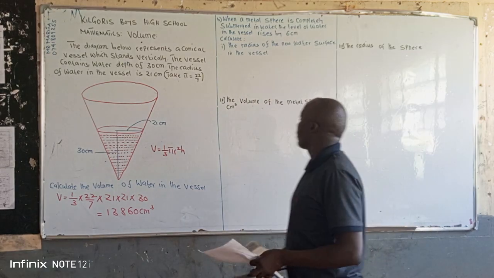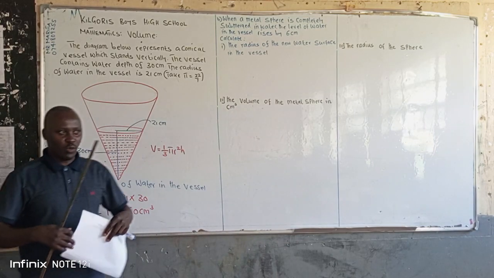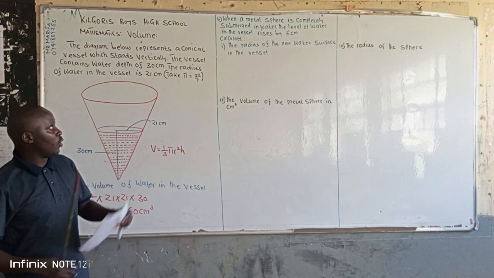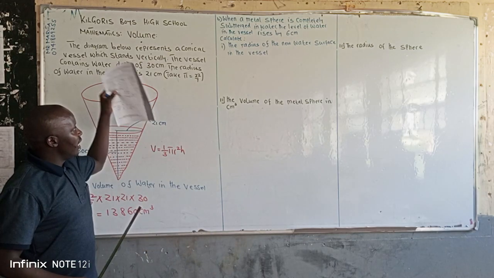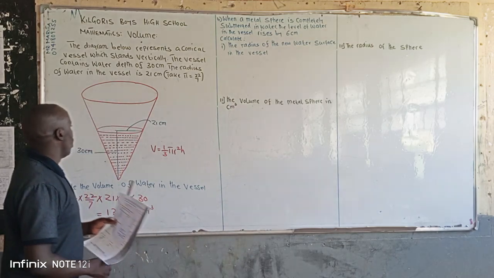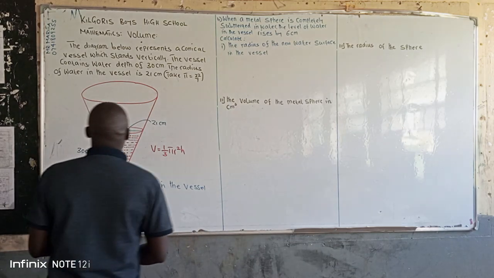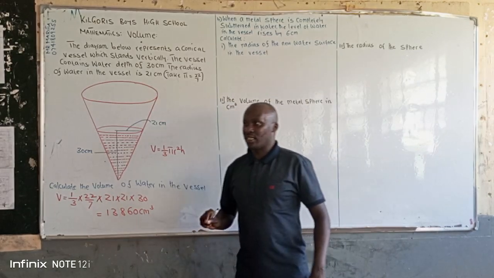Then, when a metal sphere is now submerged in this fashion, the level of water rises by 6 centimeters. What you can see from here is that the level of water initially was 30 centimeters.